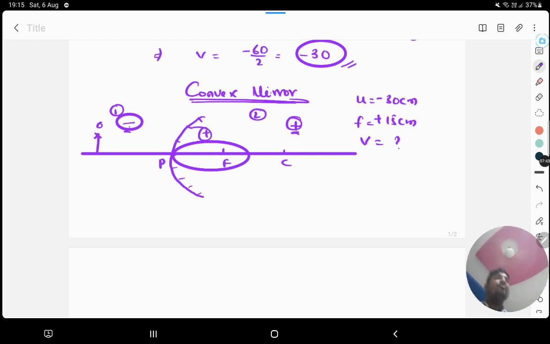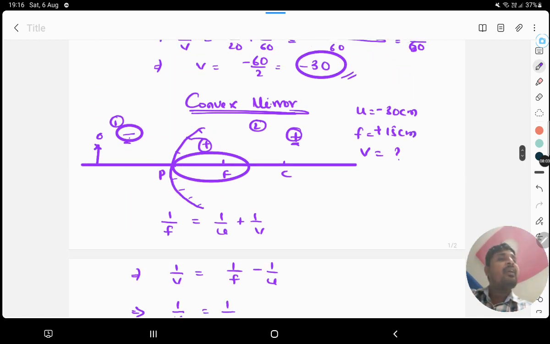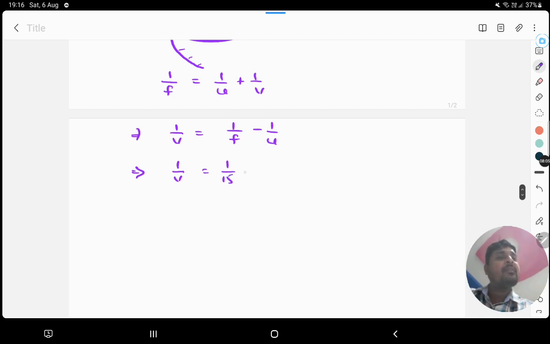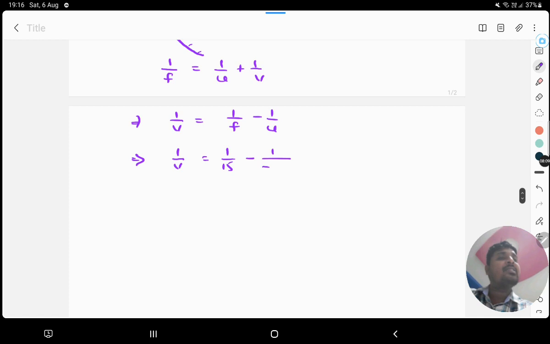Now we are going for the value of v. Can you please tell me what is our mirror formula? 1 by f equals 1 by u plus 1 by v is the mirror formula. 1 by v equals 1 by f, the transposition of plus 1 by u is minus 1 by u. So we are writing here 1 by v equals 1 over f value 15 minus 1 over u value minus 30.